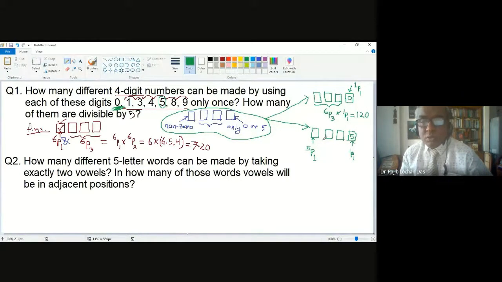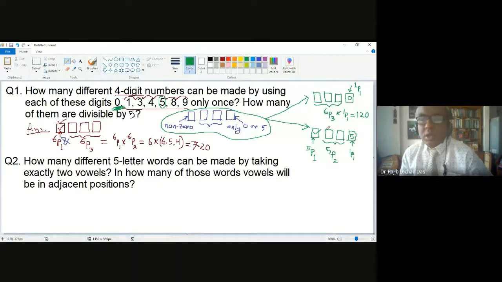And then for the middle 2, there is no more restriction. Any number can come. So how many digits do you have? Now you have 5 digits, because 1 is taken here, and then you have 4 and 0 included, so 5. So it will be 5P2.